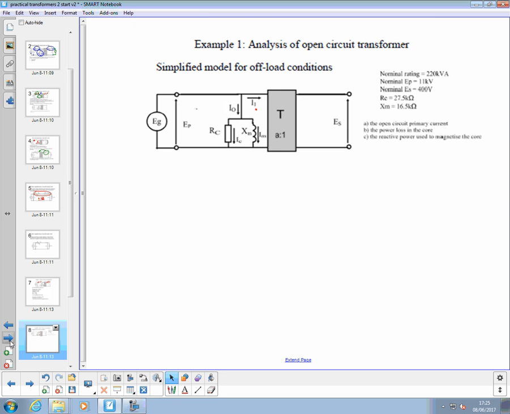So I've taken out the two series components on both sides of the transformer, and now we can do the open circuit analysis of that transformer. And the question says, A, find the open circuit primary current, I0. How are we going to do that?